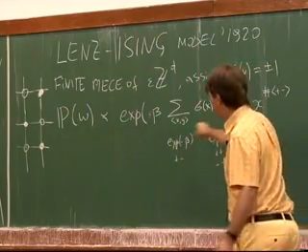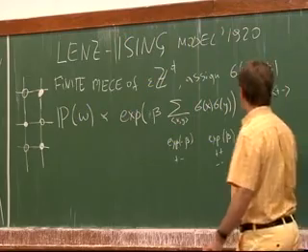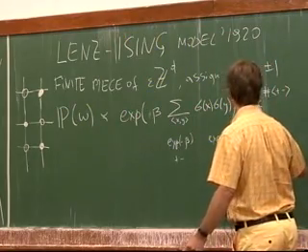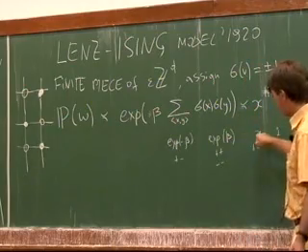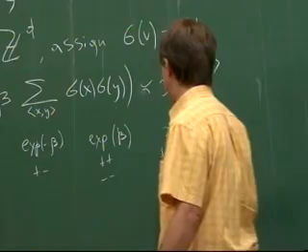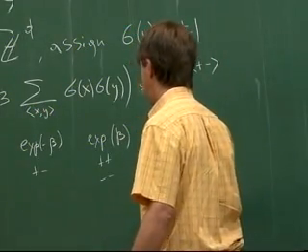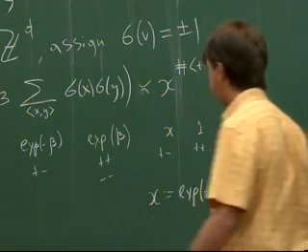So there are only two possible weights per edge: for plus-minus it is x, and for plus-plus it is 1. You just put x equal to exponential of minus twice beta.